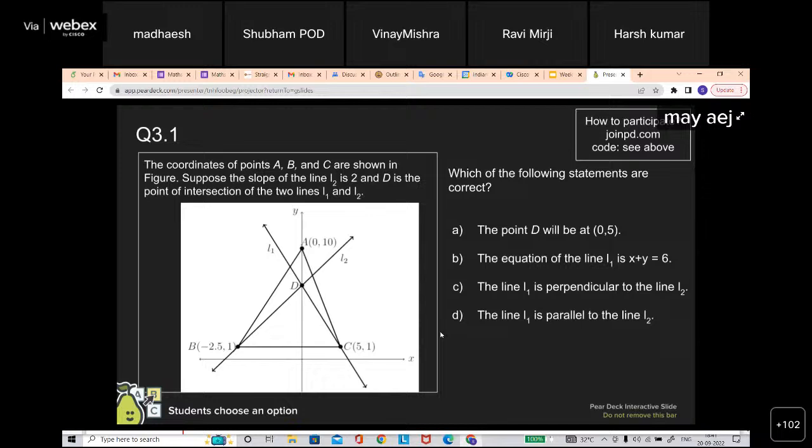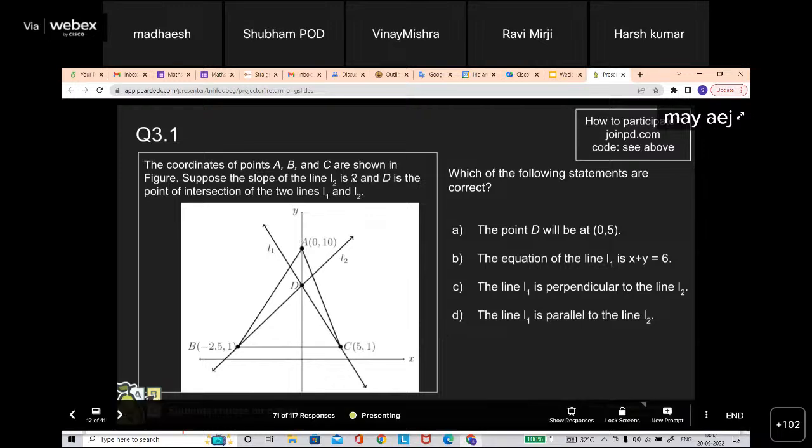So, as a hint, this is very important: the slope of line L2 is 2. Using this, you can say that this line has slope 2 and passes through this point, so easily you can get the equation of line L2.